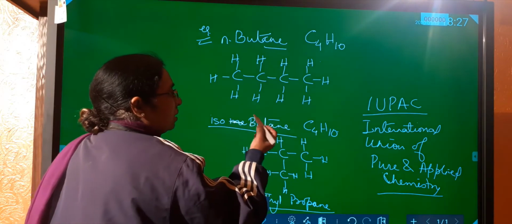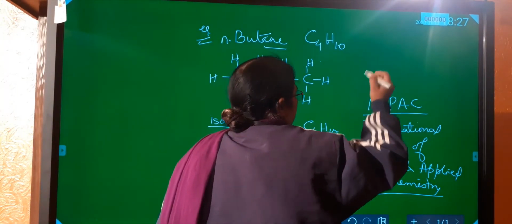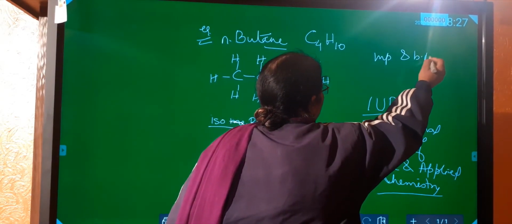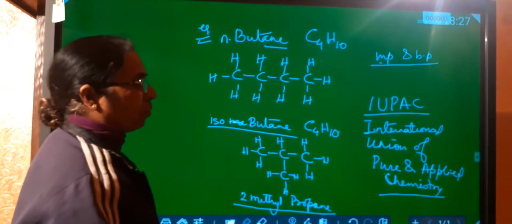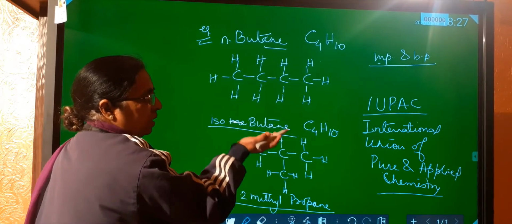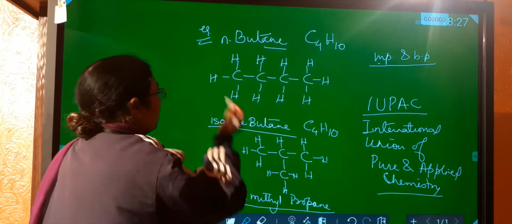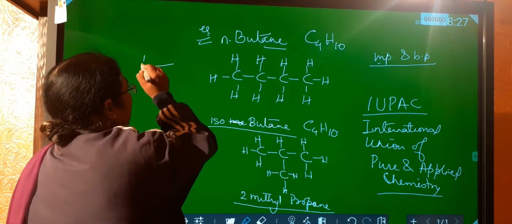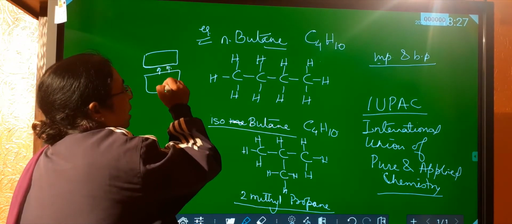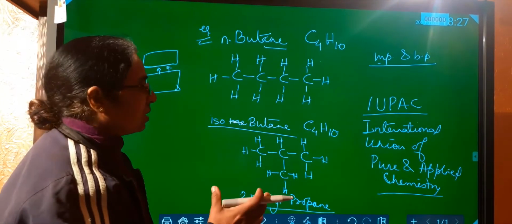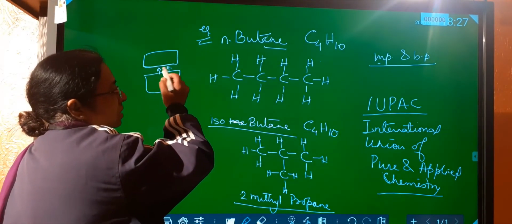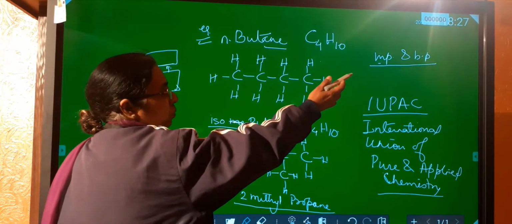Now see the properties such as melting point and boiling point. What these melting point and boiling point properties, they will depend upon कि दो molecules के बीच में attractive force कितनी strong है. जैसे अगर ये एक molecule है और ये दूसरा molecule है, तो इन दोनों molecules के बीच में आपस में attractive force कितनी ज्यादा strong है. अगर जितनी ज्यादा strong होगी, that means जितनी ज्यादा strong होगी उतना melting point will be higher.